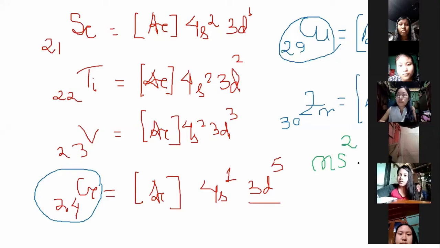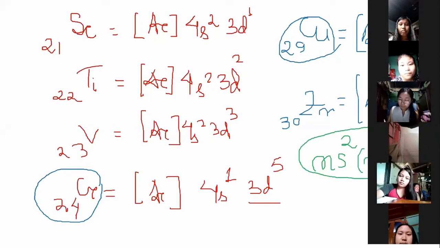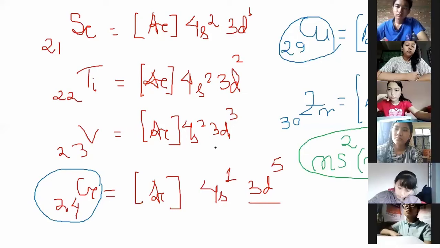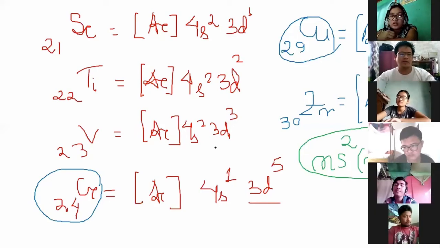So you can say ns2. Then what is the penultimate shell? The penultimate shell is the shell next to the valence shell, the second outermost shell. So this is ns2 (n-1)d1 to 10. The general electronic configuration of the transition elements is ns2 (n-1)d1 to 10.